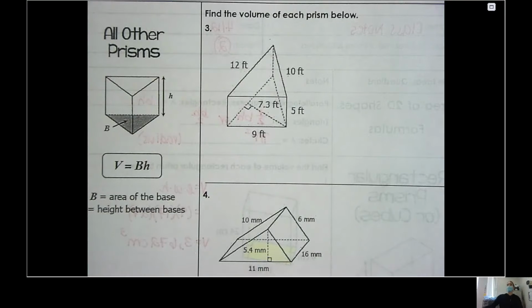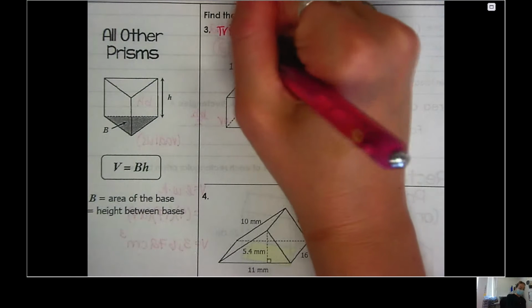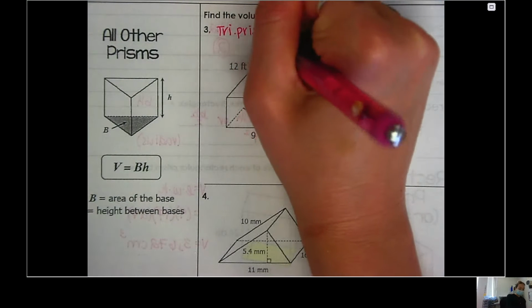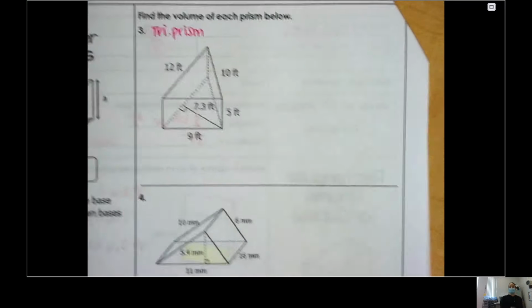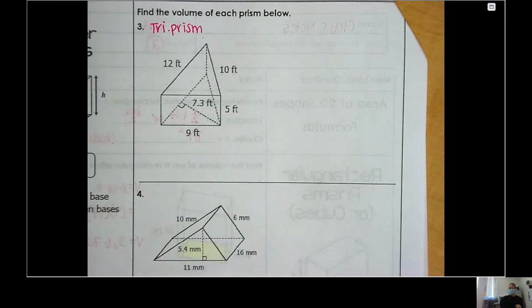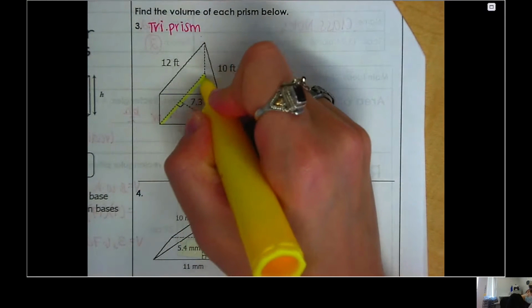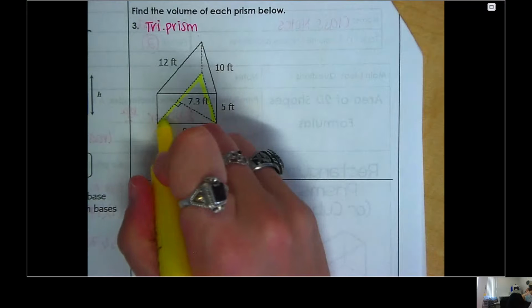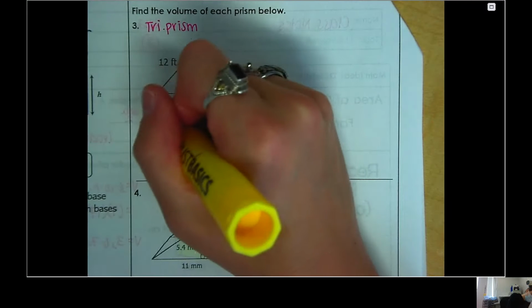What's the shape of your base in number 3? Triangle. A triangle. So this is a triangular prism. All right, so you're going to start by highlighting your base or coloring it in. Does it matter which triangle I pick? Top or bottom?